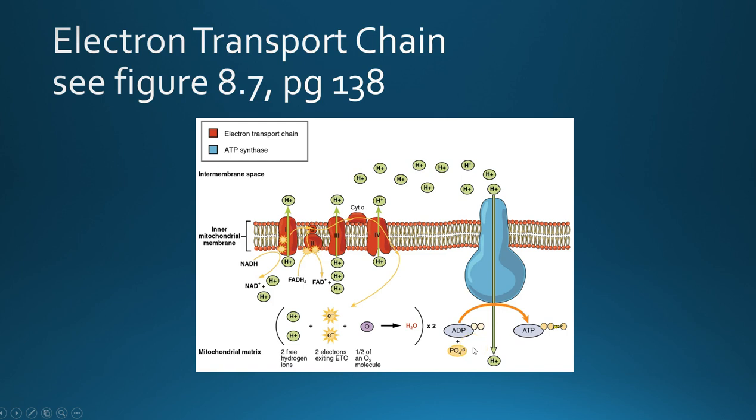The ratio of hydrogen ions in the inner membrane space compared to the outer membrane space is about a 10 times difference. 10 times more hydrogen ions on the inside as on the outside.